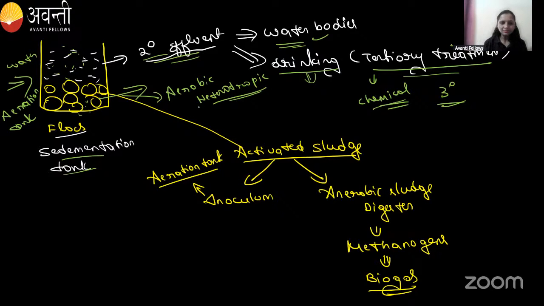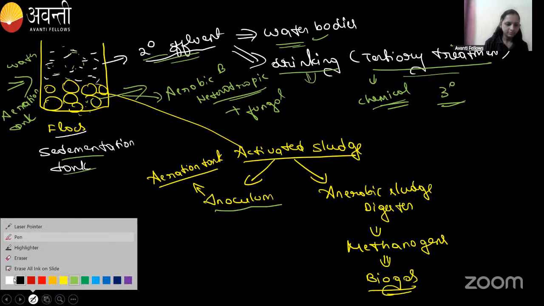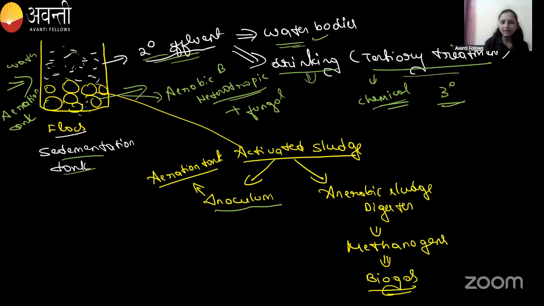Okay, fine. Now this aerobic bacteria along with fungus is there. The flocs which remain in the sedimentation tank, we are going to call as activated sludge.